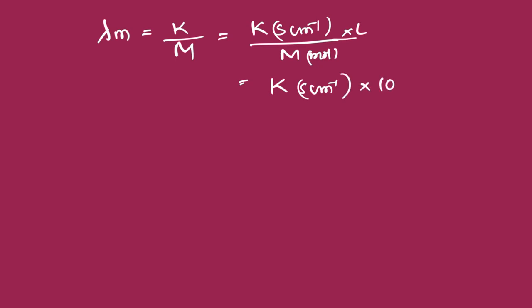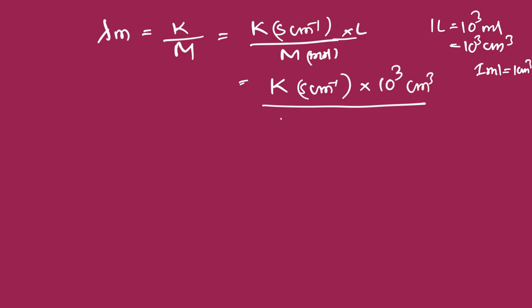1 liter is equal to 10 power 3 centimeter cube, because 1 liter is equal to 1000 milliliter. Then this is 1000 centimeter cube also. 1 milliliter is equal to 1 centimeter cube, if you don't know. Now in the denominator, what is there?